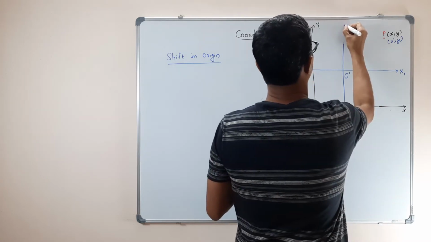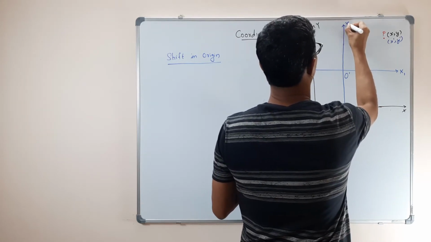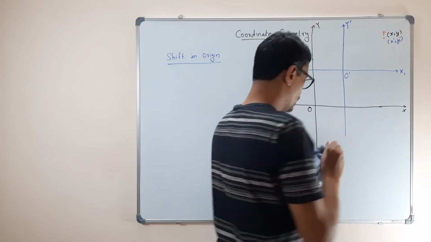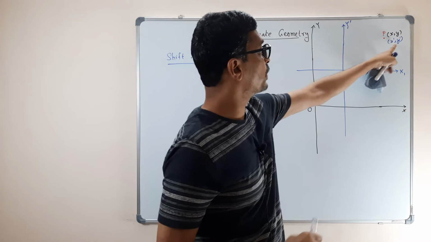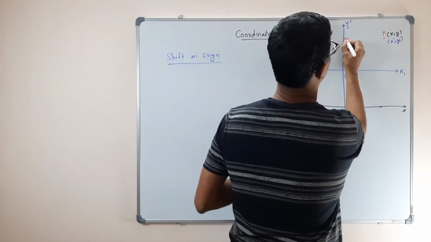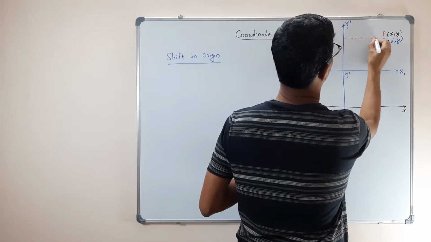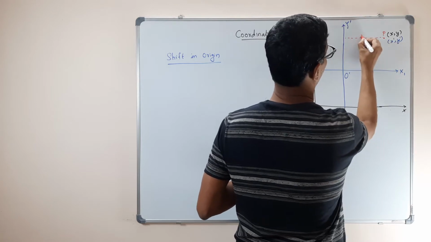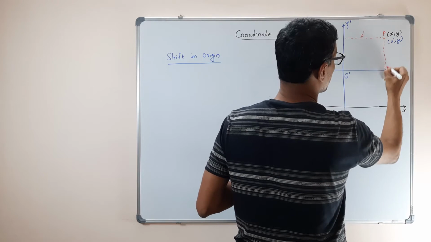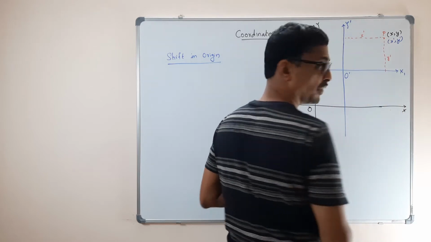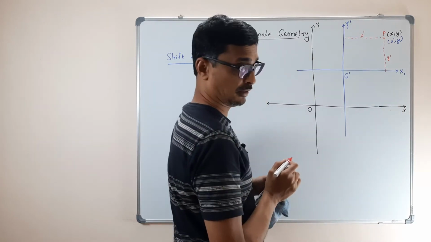Fine, so this will be your y prime. Now, let us try to understand. Your friend measured x prime, y prime, that means this distance is x prime, correct? And this distance is y prime.